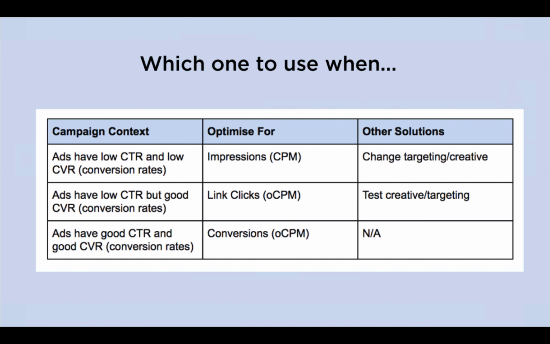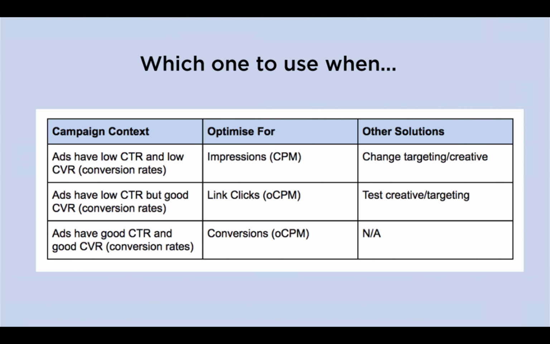If your ads have low click-through rate, but there's a good conversion rate, so you've only sent 6 clicks, the click-through rate is not that great, but of the 6 clicks, one person purchased, well, this is a good example of when you want to switch to link clicks. Now this uses oCPM, right? Because it's still optimizing for an action.